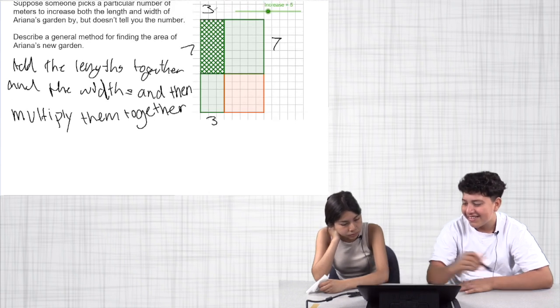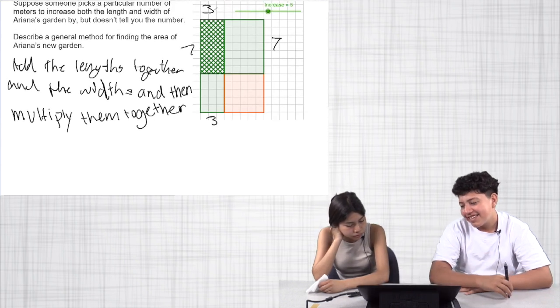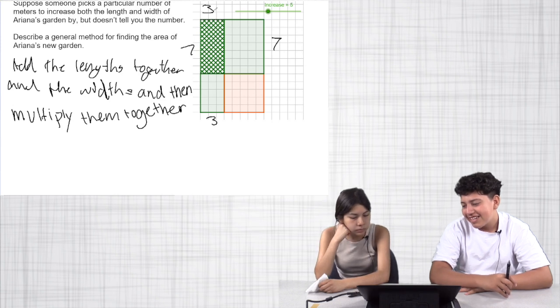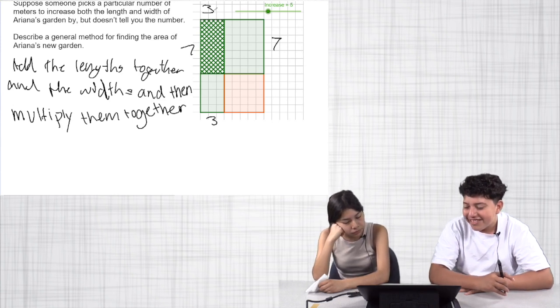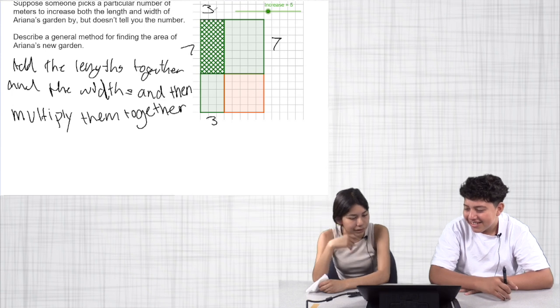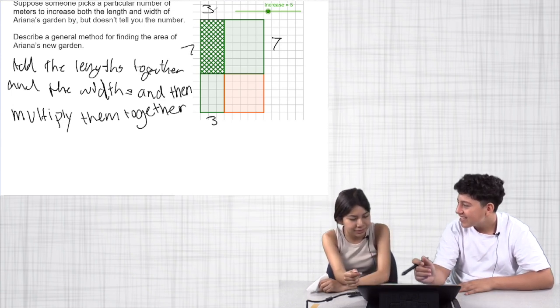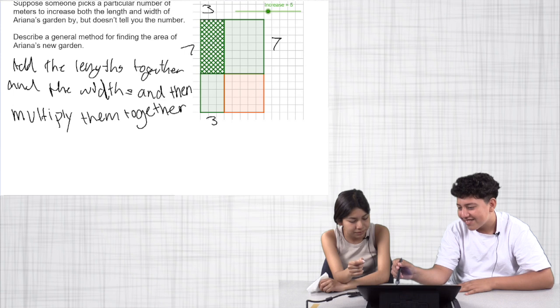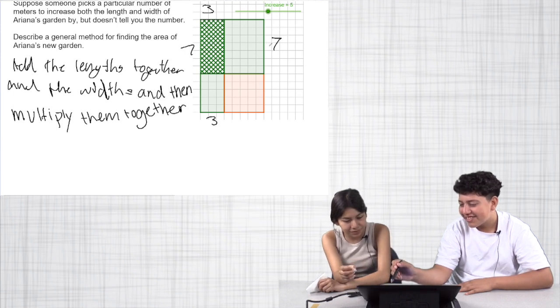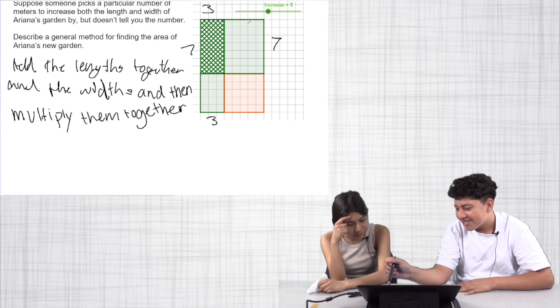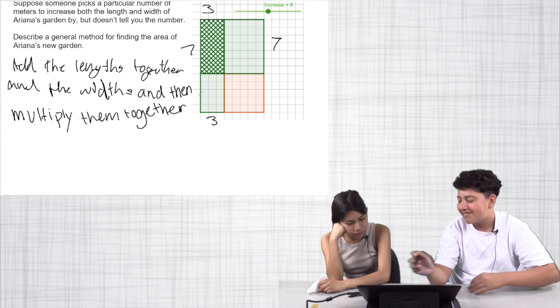3 right here. So first, multiply 7 times 3 to get this area. Then multiply 7 times the unknown number. Then multiply unknown number times unknown number by itself. And then multiply 3 times unknown number.